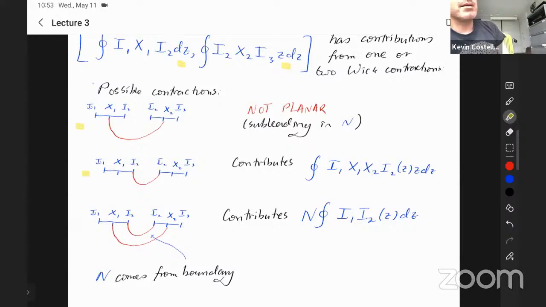I can contract I1 and I2. That's good, and that contributes this expression to the commutator of the modes. Or I can contract x1 and x2 and I2 and I2.